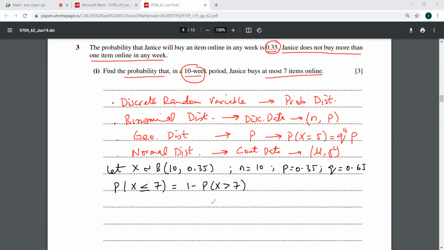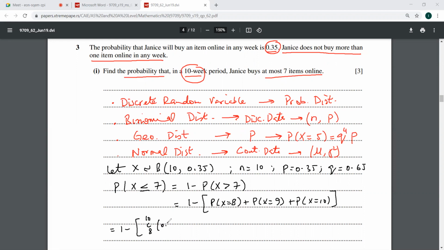I think you will have to work less if you go for this option. It says 1 minus probability x equal to 8 plus probability x equal to 9, and then probability x equal to 10.